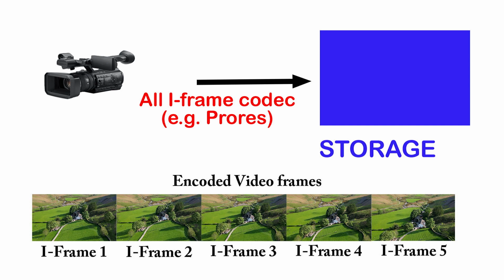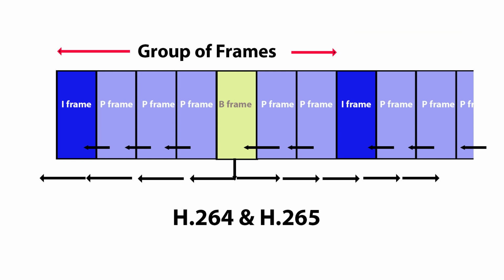Whilst ProRes frames are all individual and complete iframes, H.264 and H.265 files are encoded as groups of frames, starting with a complete iframe, followed by several other incomplete frames, which just capture the changes from the iframe. They are known as P frames and B frames. Put simply, the image is broken down into a number of small blocks of data.